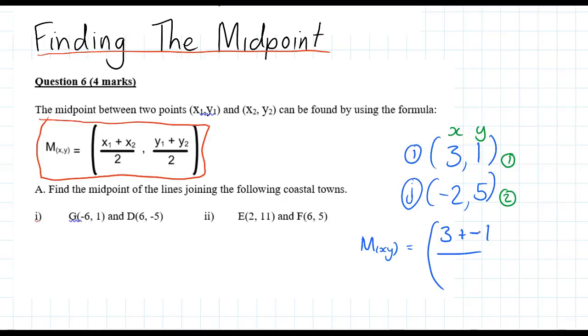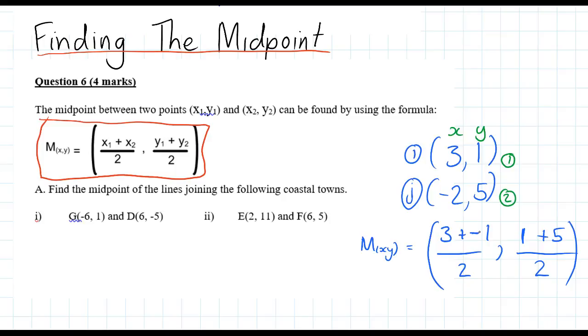Then I put all of that over 2, comma, because there's a comma in the formula. y1 plus y2. y1 is 1, y from point 1. Then I've got y from point 2, which is 5, so plus 5. All over 2. And that's substituting in the points.